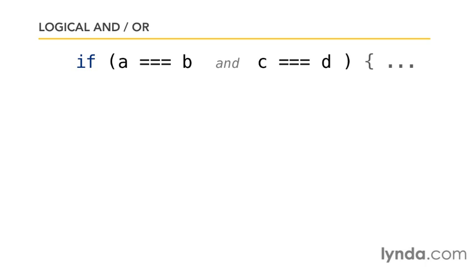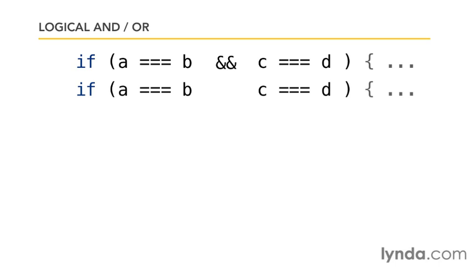There are some languages where you do, things like the BASIC-based languages, but not in the C-based languages. What we use instead is the double ampersand. Now what this means is both of these conditions, A has to be equal to B, or strictly equal to B, and C has to be strictly equal to D for this whole thing to be regarded as true. Again, the entire contents of the parentheses have to be true.